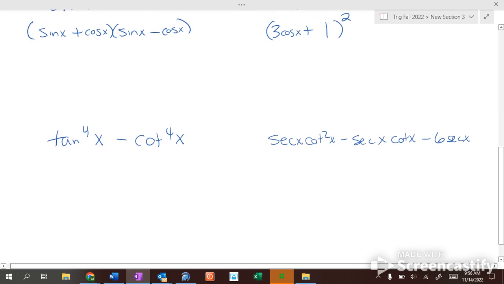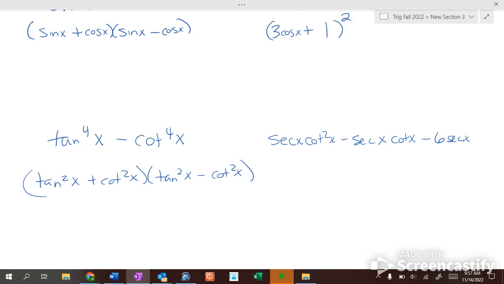Now, this looks like a conjugate or a difference of squares, right? So we have tangent squared of x plus cotangent squared of x, and tangent squared of x minus cotangent squared of x. Okay? That's difference of squares factoring, plus and minus.